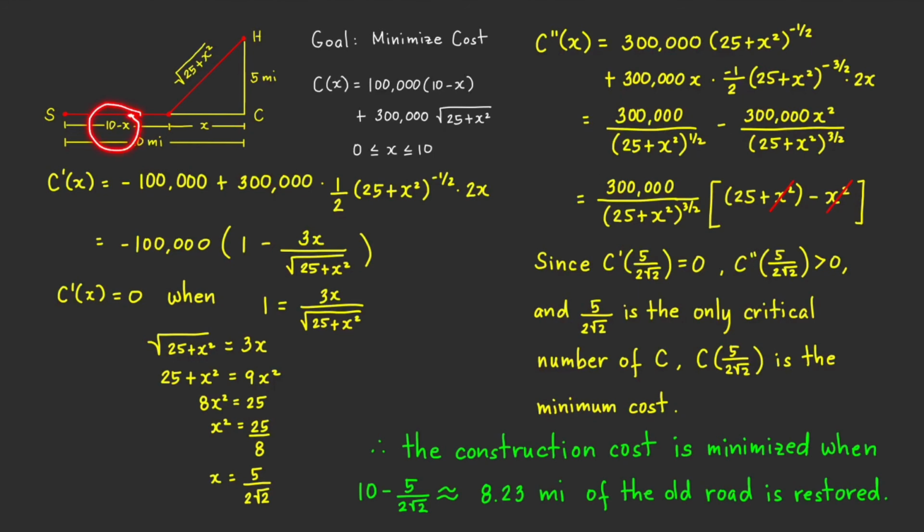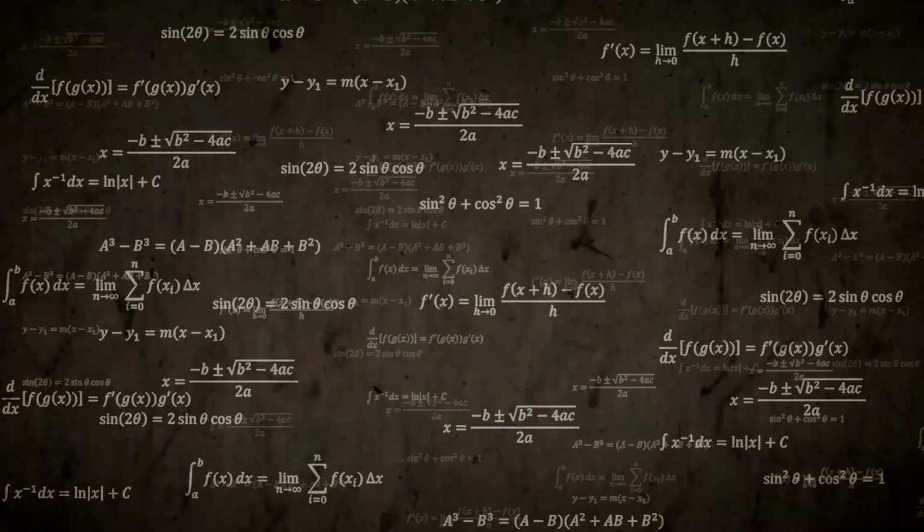We found already the x, so that is 10 minus 5 over 2 square root of 2, which is approximately equal to 8.23 miles of the old road restored. Therefore, we need to restore 8.23 miles and then construct a new road from that point to the hospital to obtain the minimum construction cost.